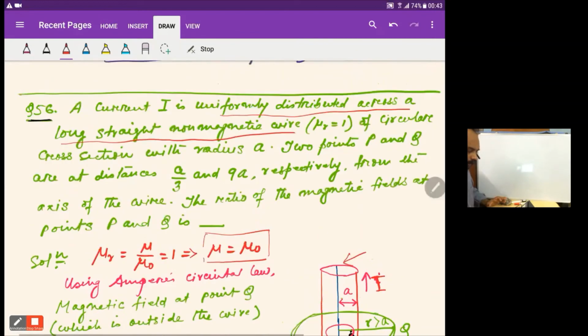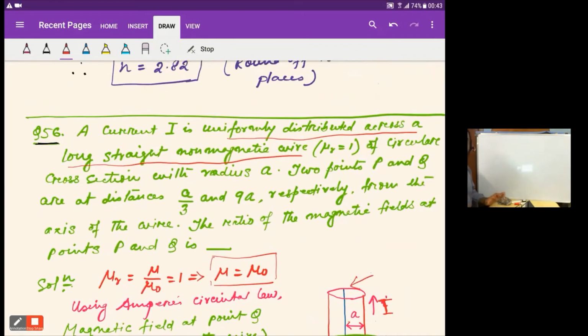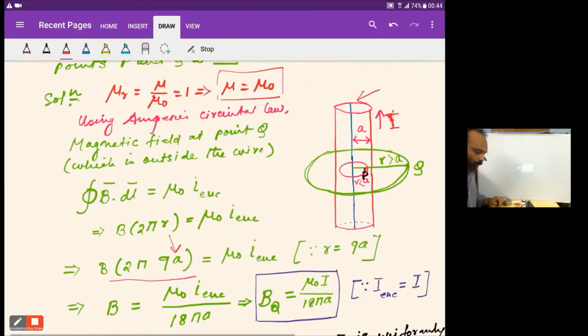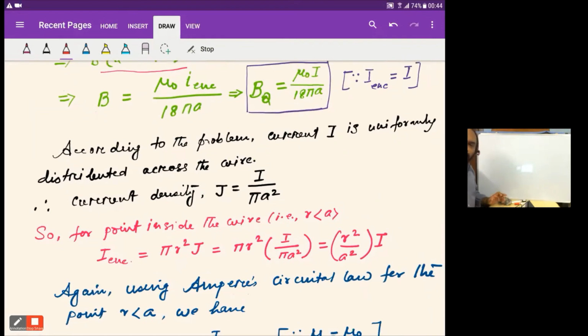Now, the problem says that current I is uniformly distributed across a long straight non-magnetic wire. So in that case, we can calculate the current density J, which is equal to current by area, cross-sectional area, which is pi a square. So this is the current density.